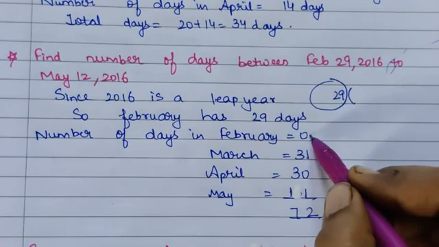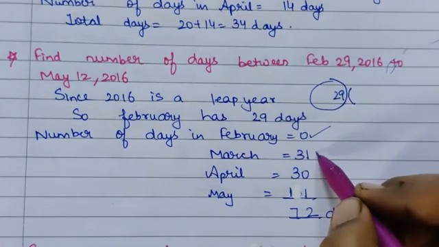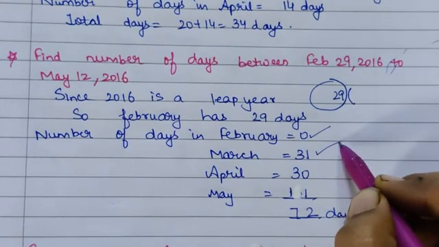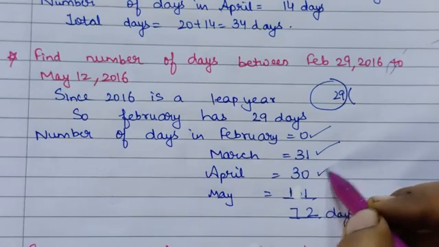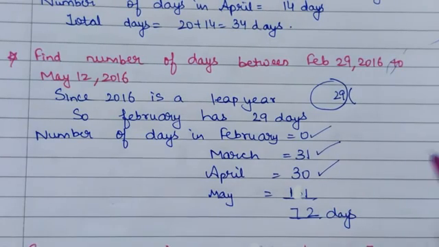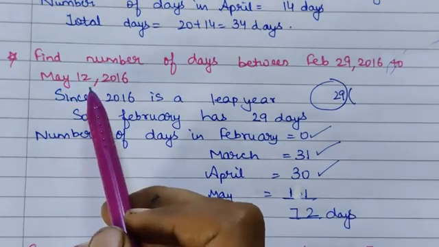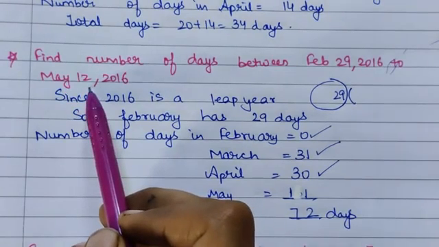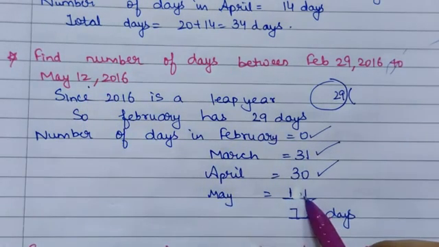Days in March, 31 days; days in April, 30 days. Till which date in May? 12th May. In between means we cannot take 12th May, so 11 days only. On adding we get 72 days.